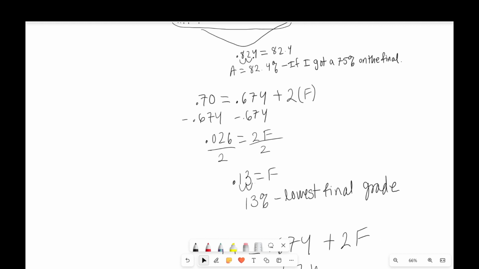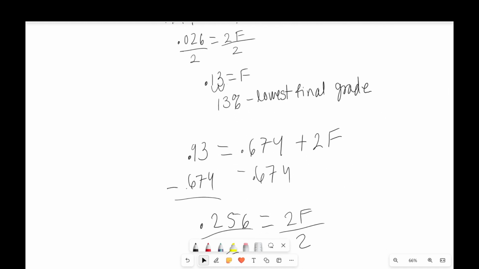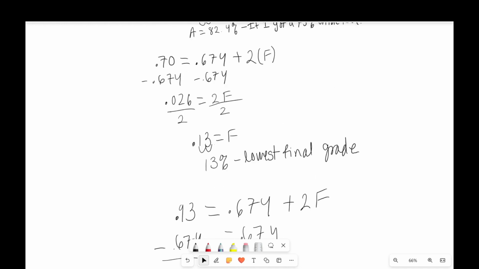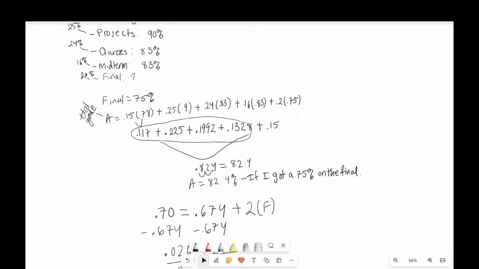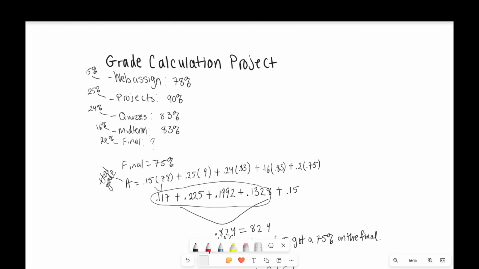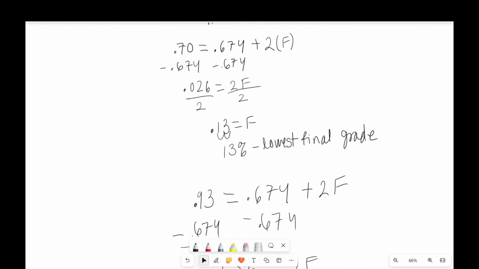So I determined that 13% would be the lowest final grade that I need in order to pass the class with a 70%. Currently, with my trajectory, I do think that is possible. It's well within the averages that I've gotten for the other assignments.